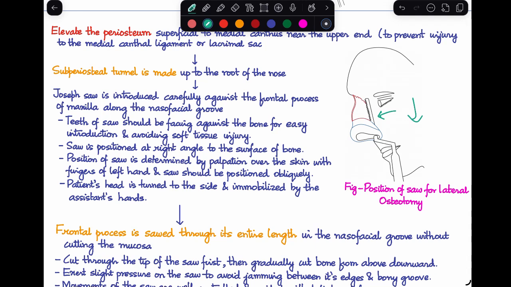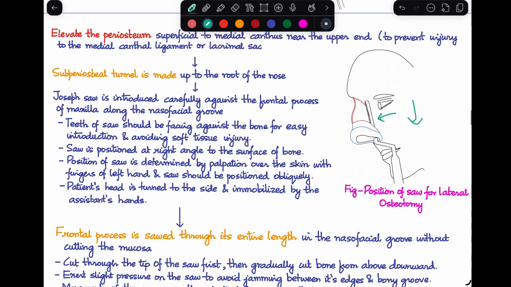Second, if you're using an osteotome, compared to an unguarded osteotome, we'll prefer to use a guarded osteotome, because with the help of a guarded osteotome, you're going to be able to feel the guard through the skin. So that will act as a guide as you're moving the osteotome further up. So it will help you in navigating your osteotomy better.